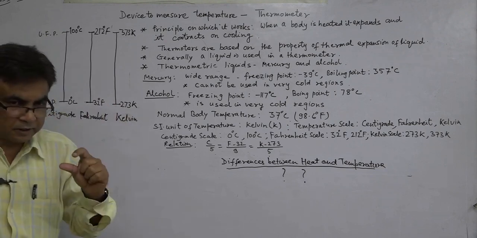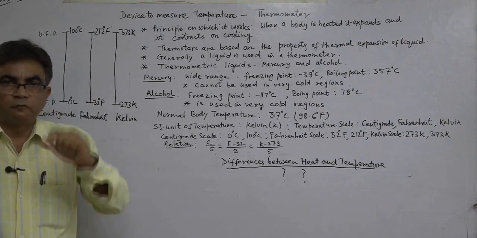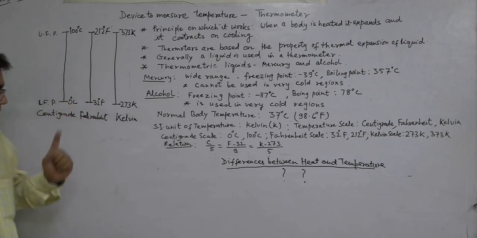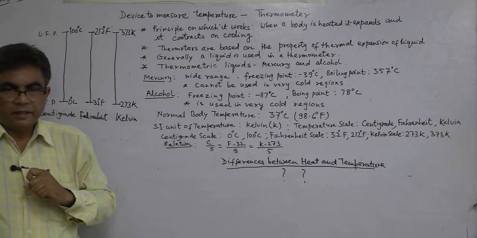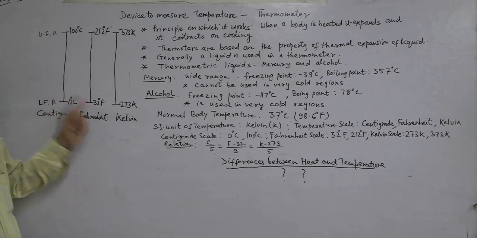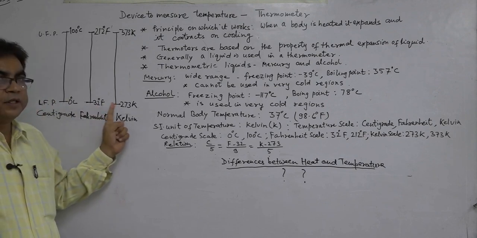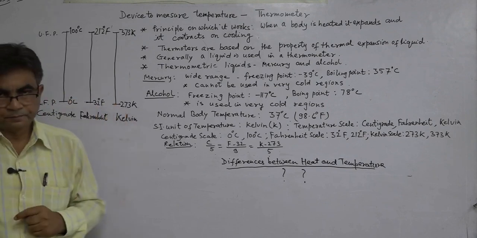The lower fixed point is the freezing point of water: 0 degree centigrade, 32 degree Fahrenheit, and 273 Kelvin.